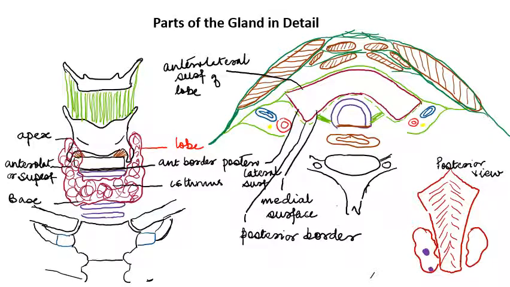These are the superior and inferior parathyroid glands. This is the pharynx, and the pharynx has two kinds of muscles which are making it.